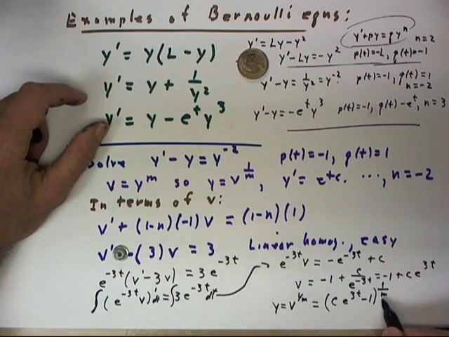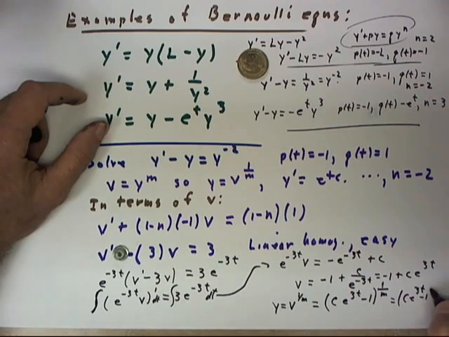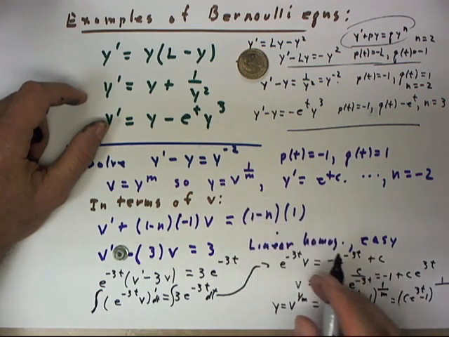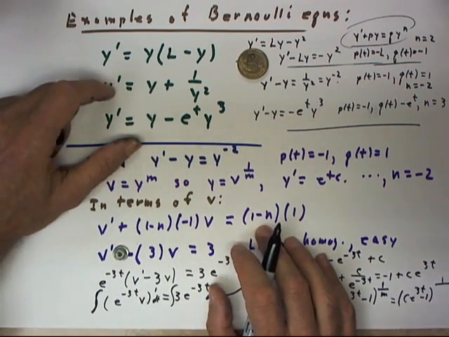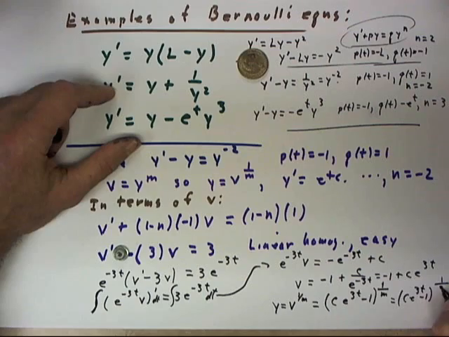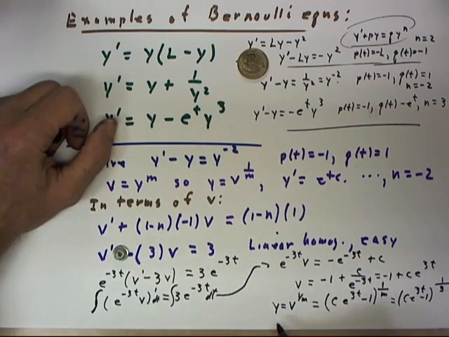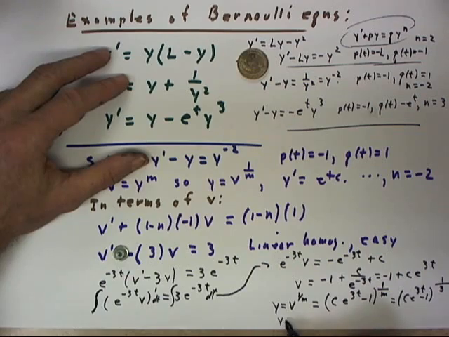And since m is 1 minus n, this is going to be 1 over 1 minus n, and n is the power of y, which is negative 2, so that's going to be the 1/3 power, so that y could be written as the cube root of c e to the 3t minus 1.